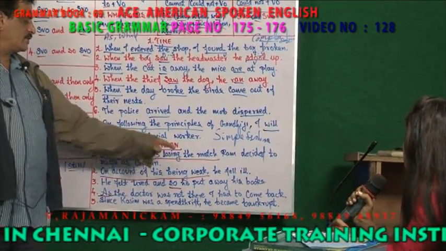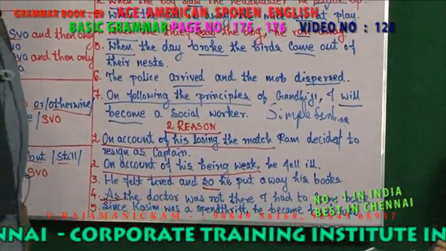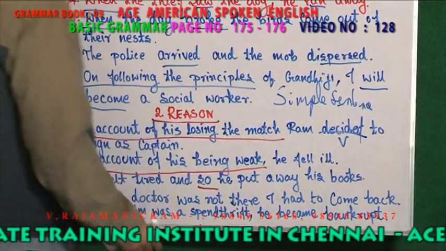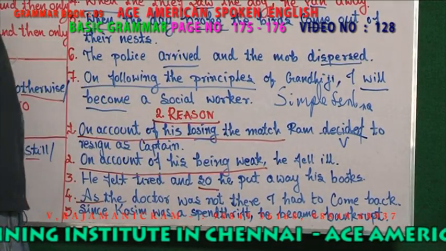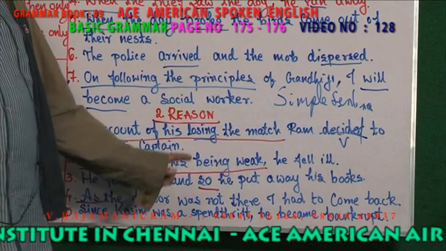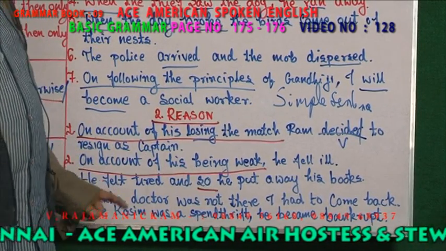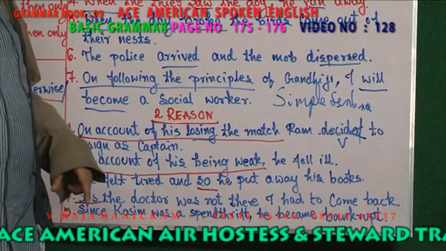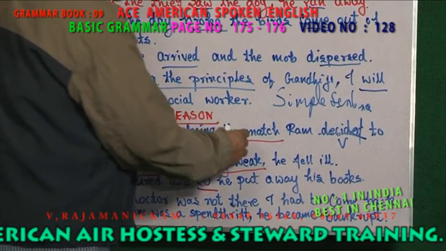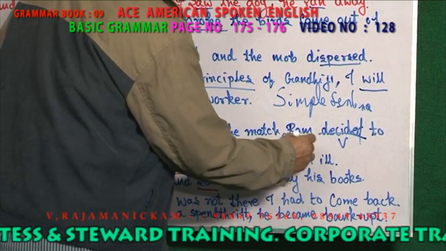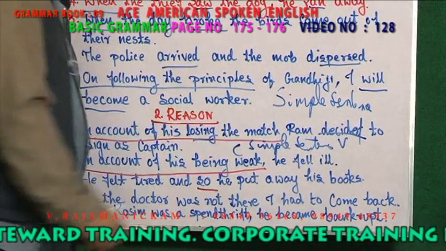So which is the verb here? Only decided is the verb, right? Losing is not a verb. So all -ings are not verbs. But here his is there. To resign is an infinitive, not a verb. So this is a simple sentence. Able to understand? Only one verb is there, then you call it a simple sentence.